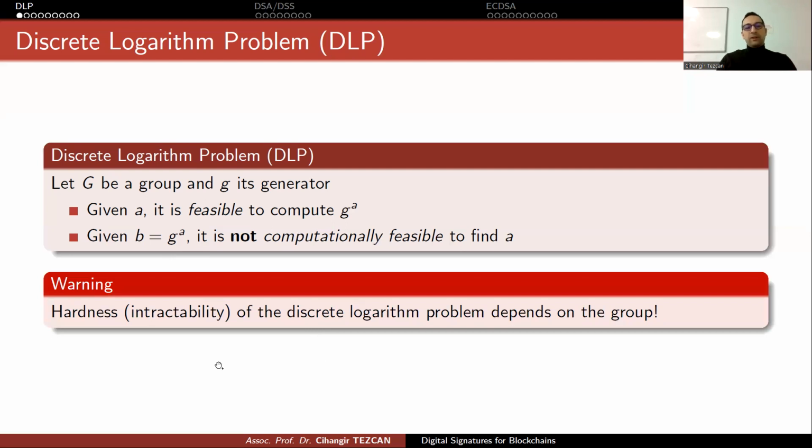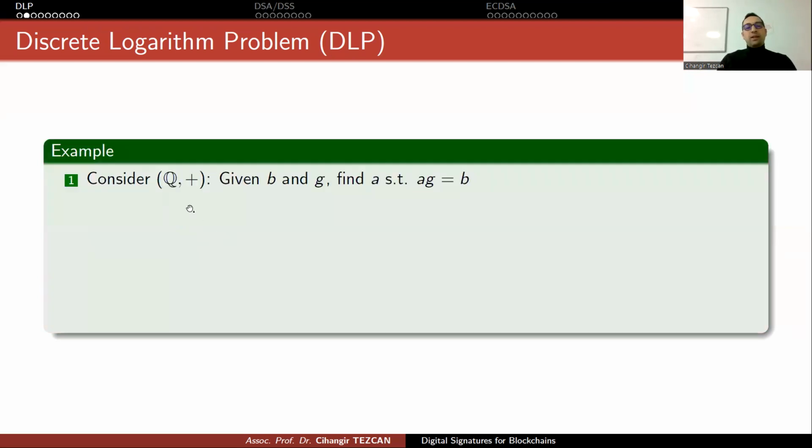But here the important thing is that the hardness of this problem, or the more technical term, the intractability of the discrete logarithm problem, depends on the group. If you choose a bad group or some kind of group operation, this problem can be very easy to perform.